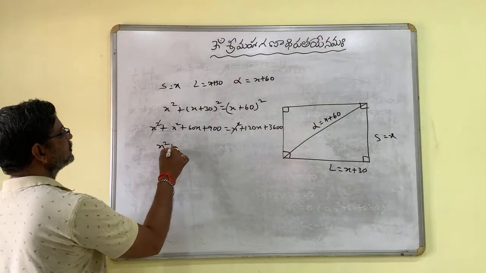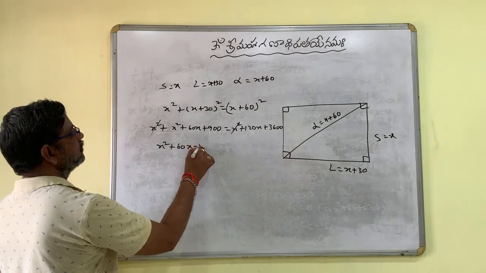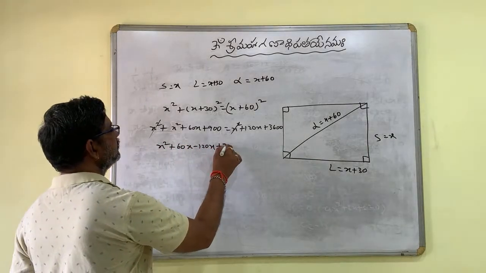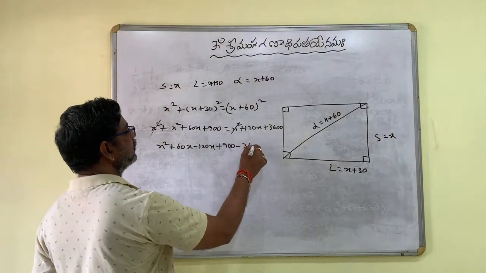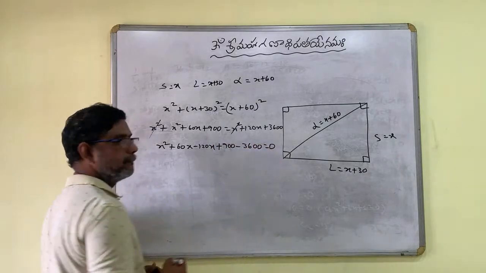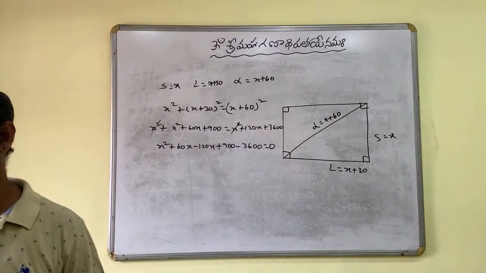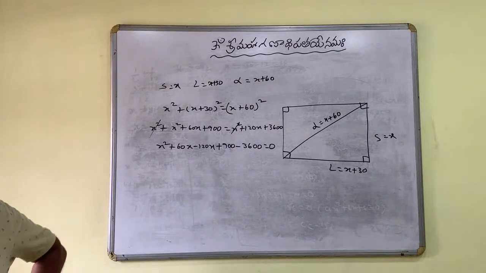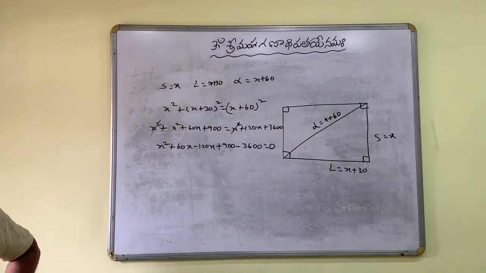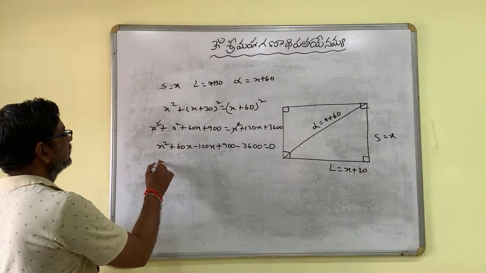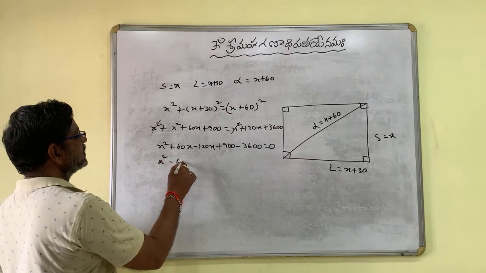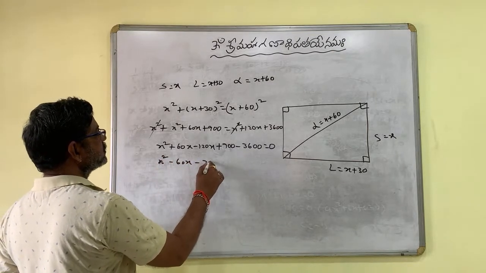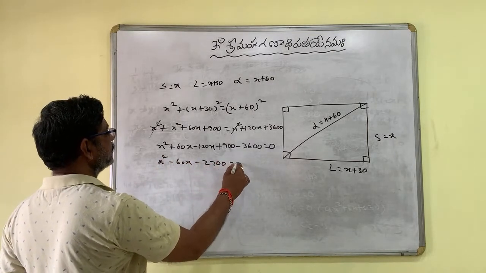So remaining is x square plus 60x minus 120x plus 900 minus 3600 is equal to 0. Right, Sanvi? Now when you simplify this, what will you get? x square minus 60x minus 2700 is equal to 0.